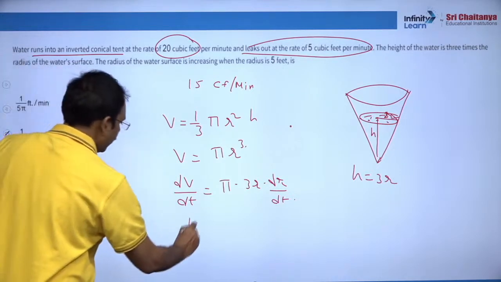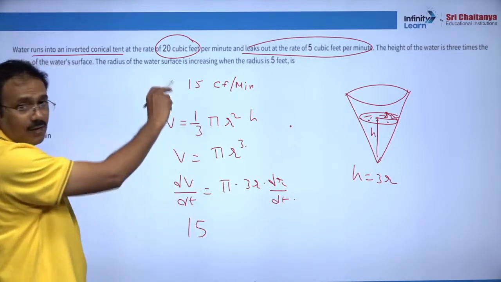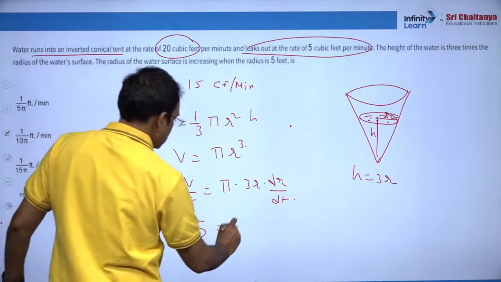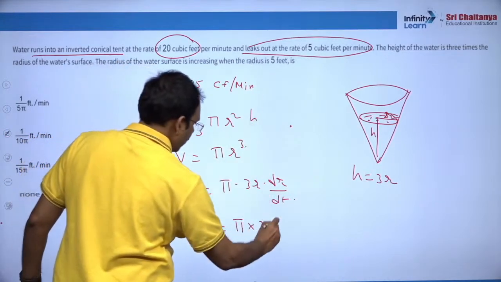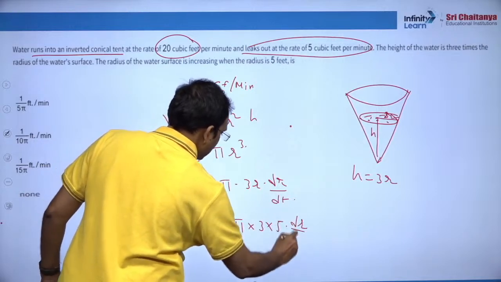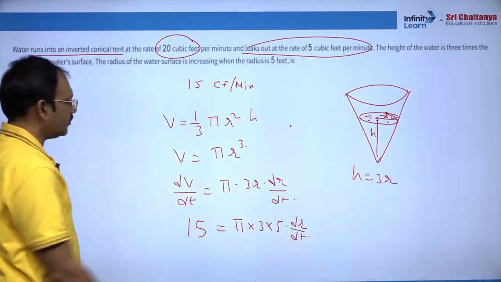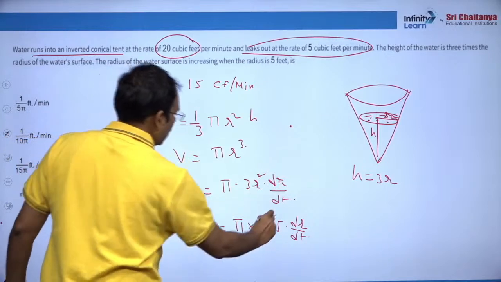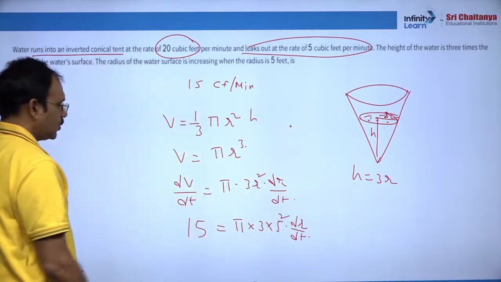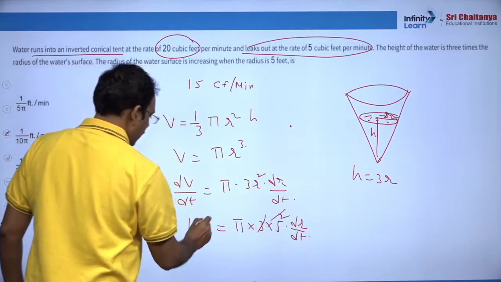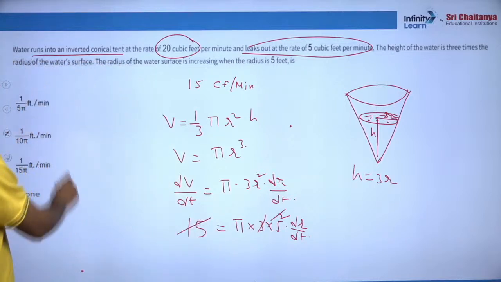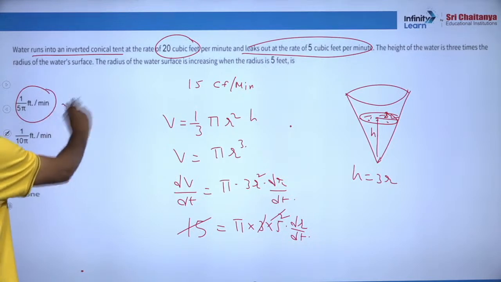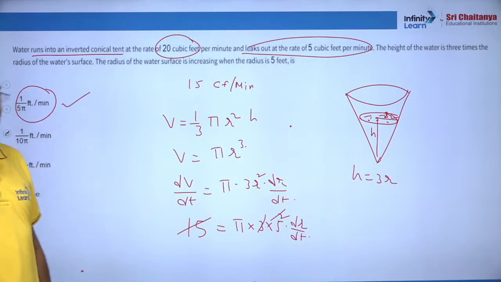It is very clear: 15, because 20 minus 5, is pi into 3 into r square, that is 5 square, into dr by dt. So 3 and 5 get cancelled: dr by dt is 1 by 5 pi feet per minute. This is the answer, that is it.